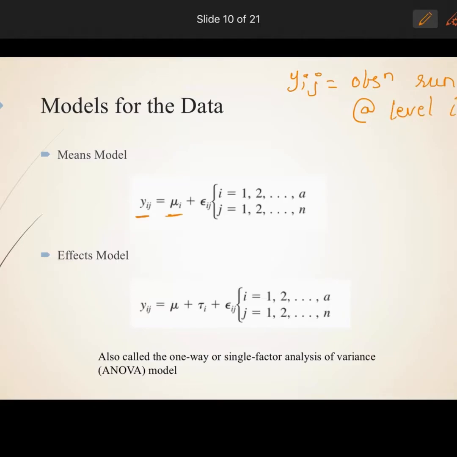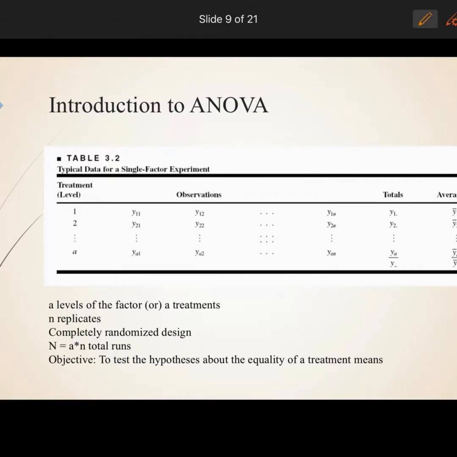If we go back here, all these different treatments or factor levels, we can just denote them with i, where i varies from 1 to A, and all these different observations obtained in different replications can be denoted by j here, and j varies from 1 to n. So if we take Y12, that denotes the observation obtained in the second replication or second run at treatment level 1 here, right?